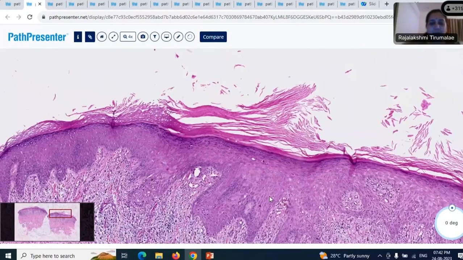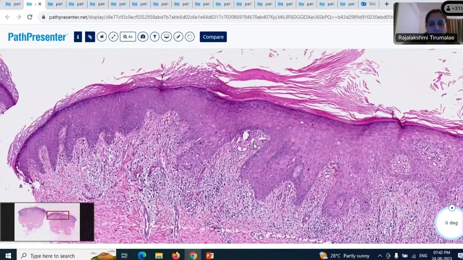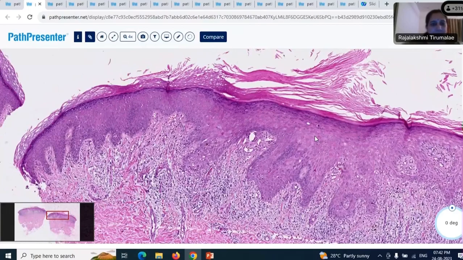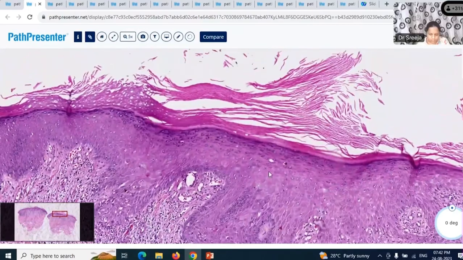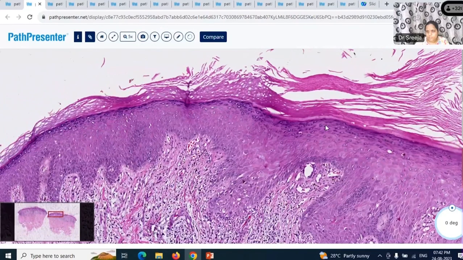Can you comment on the stratum corneum? Are you seeing any parakeratosis? How would you describe the stratum corneum here? So here you have some basket weave orthokeratosis, right?